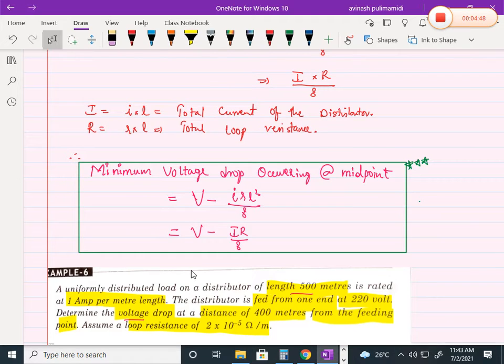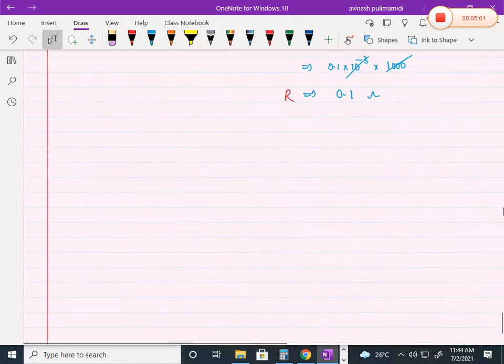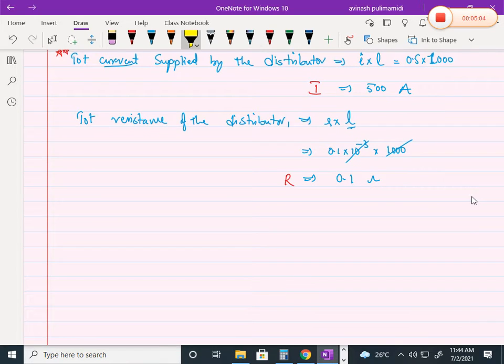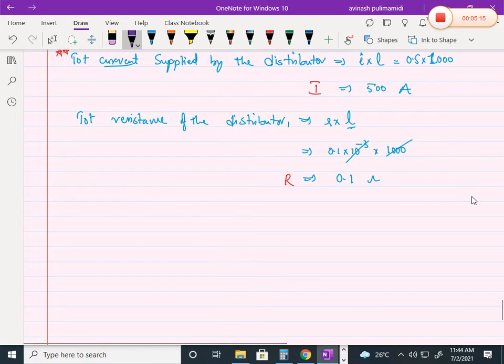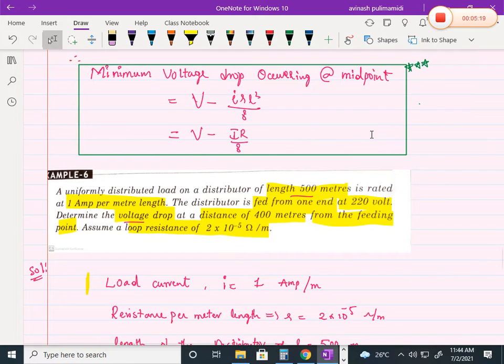The minimum voltage drop occurs at the midpoint: it is total voltage minus I into R into L square divided by 8, or else capital I into capital R divided by 8. Remember this formula, okay?